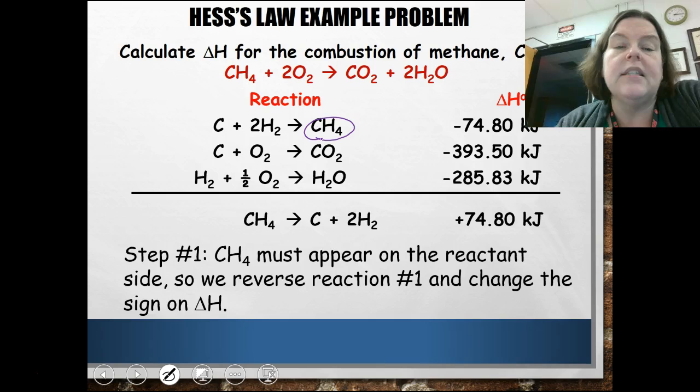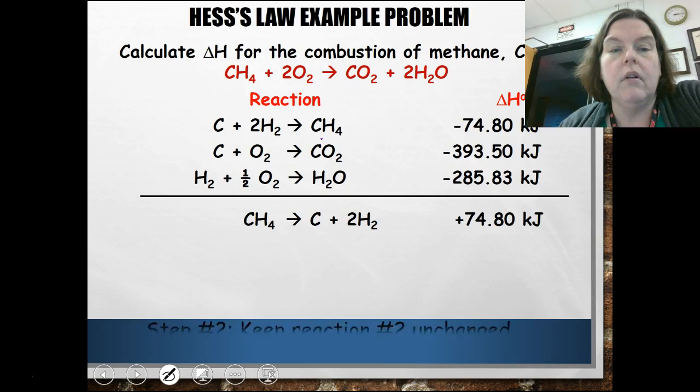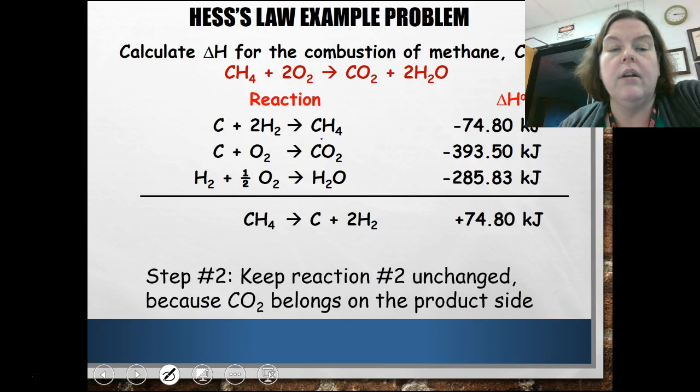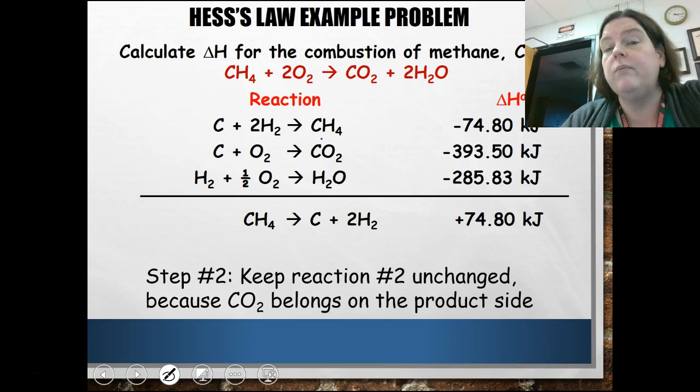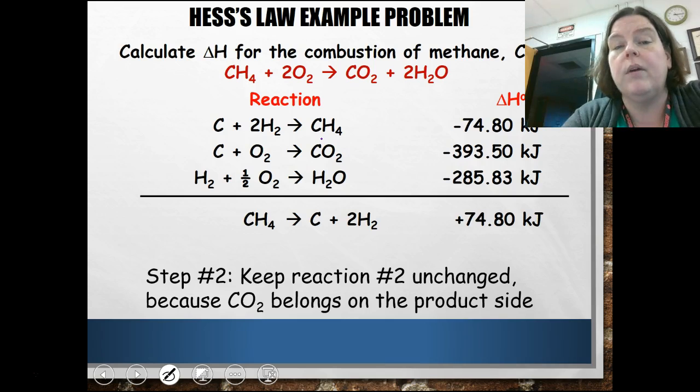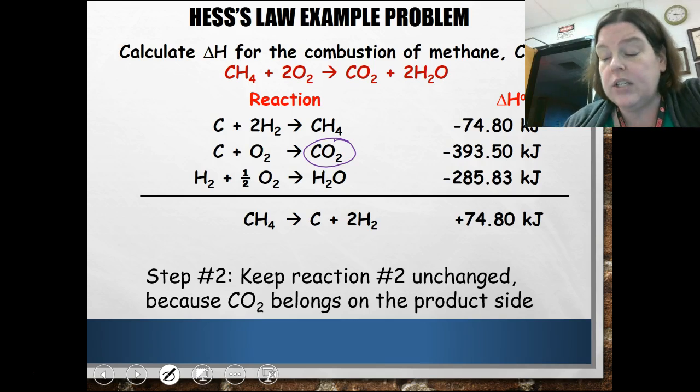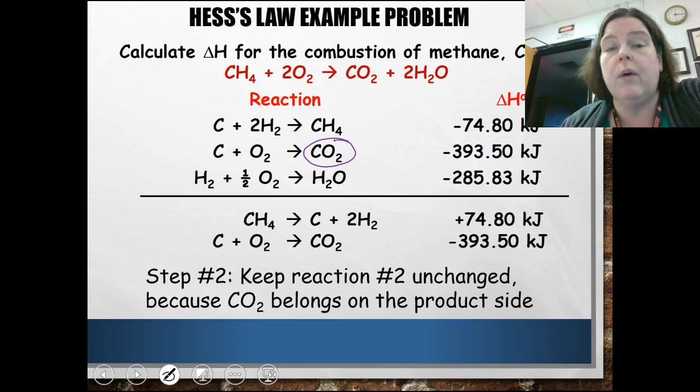So now I have to get some O2 in. And I see my O2. So step number 2 is keep reaction number 2 unchanged, because CO2 belongs on the product side. So we need CO2 on the product side here, and we have CO2 on the product side here. I only need 1 of that, so I just put that reaction in. I keep it the way it is. I don't do anything to it.